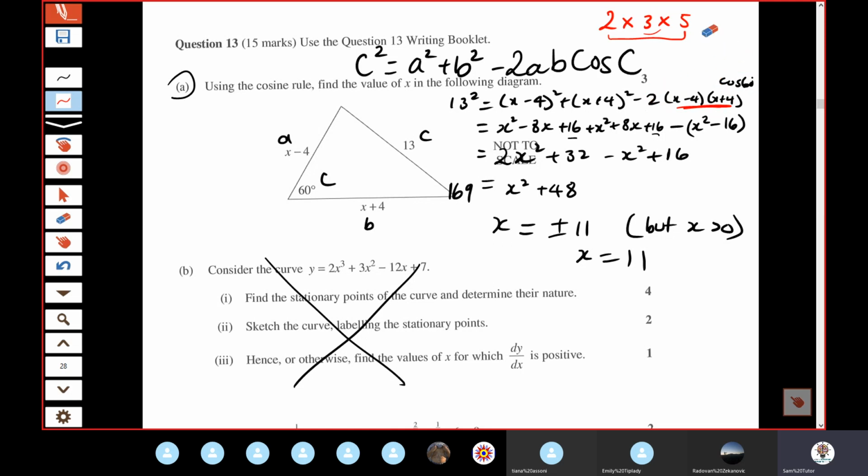Look for anything that can simplify first. I guess the rule is usually simplify before expanding. So if you can, cos 60 is a half, and that would help you. And then this bit here, minus 4 when you expand, it's minus 8x. Minus 4, minus 4. All right.